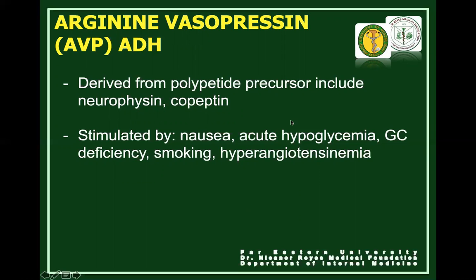Acute hypoglycemia can also have an effect on glucose release. Glucocorticoid deficiency can also stimulate it, because ADH can also have an effect on glucocorticoid release. Smoking and hyperangiotensinemia can also stimulate ADH release.